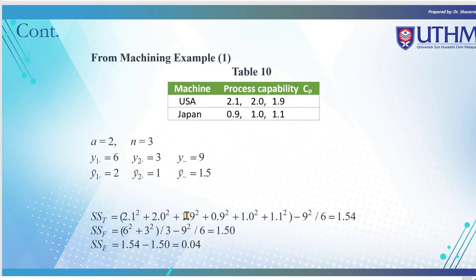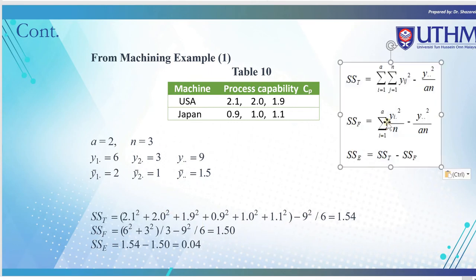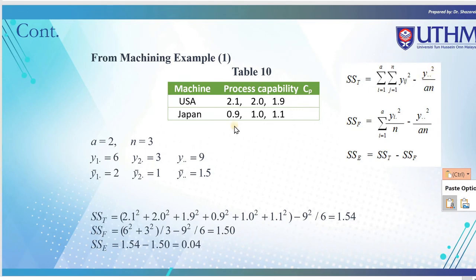So for this sum of squares, we are going to use the formula just now. We square each observation and then minus the overall total. Sorry, this is not the overall mean, this is the overall total, y dot squared. So we total up the observations and we get 9.